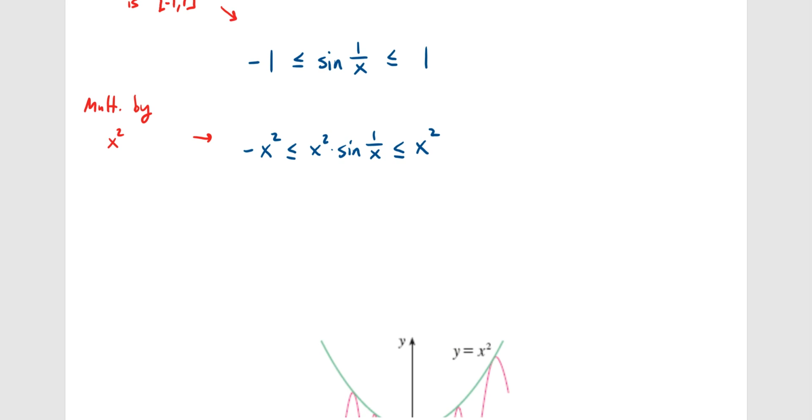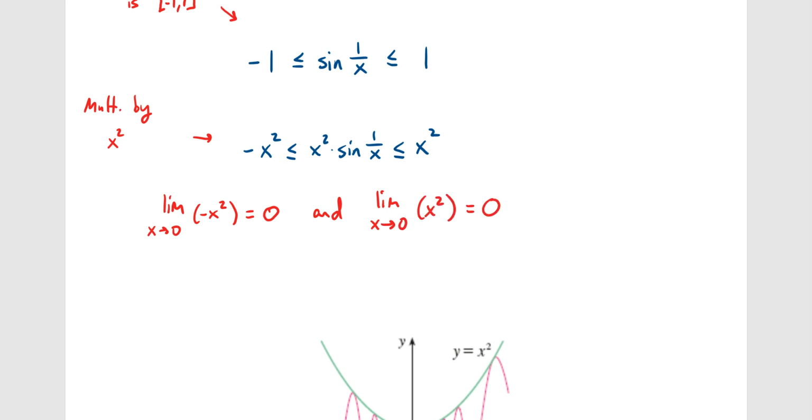Okay, so let's go ahead and check. The limit as x approaches 0 of the smaller one, that's just direct substitution, right? That is just plugging in because it's a polynomial, so it's -0 squared, which is 0. And then let's do the larger function, which is x squared.